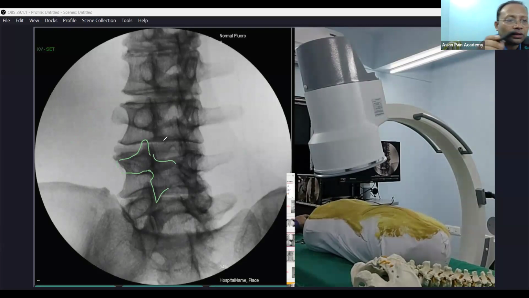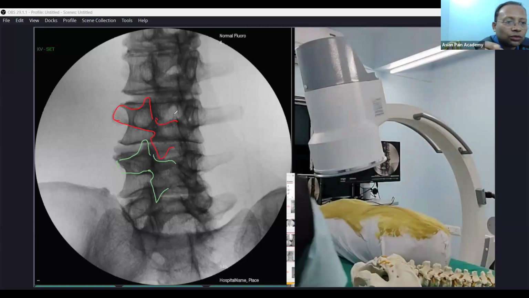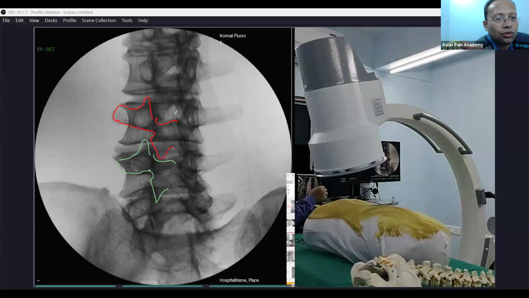So this is one Scotty dog and another Scotty dog is at, so like this. Okay. So our target is to go in this joint, if I want to go intra-articular.